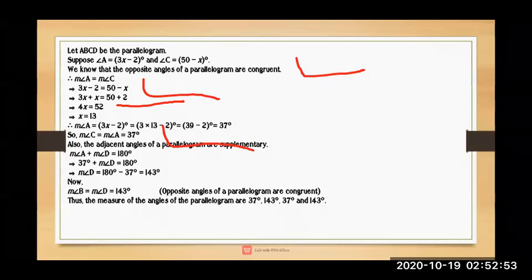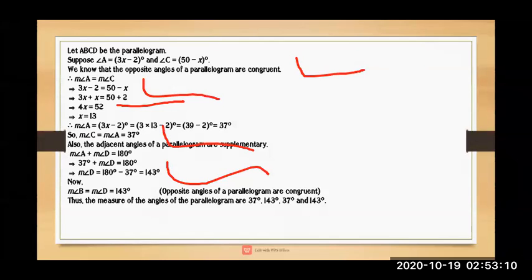Now we will take the measure of angle D to one side, so that 37 degrees should be subtracted from 180 degrees. Now if we subtract 37 from 180, we get the answer 143 degrees.